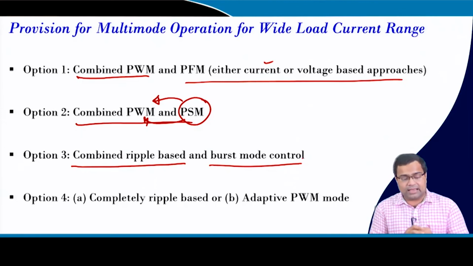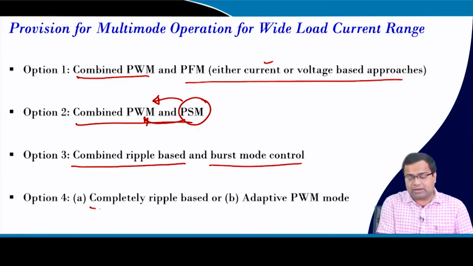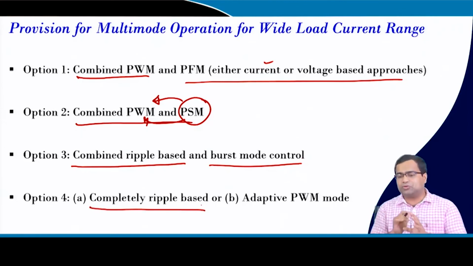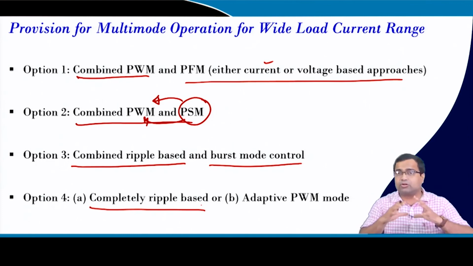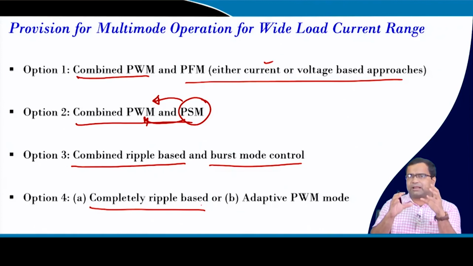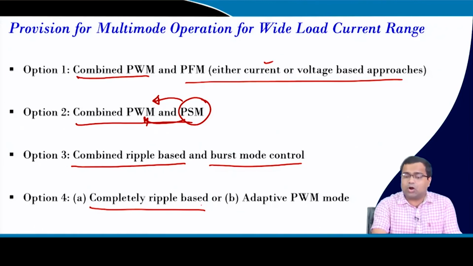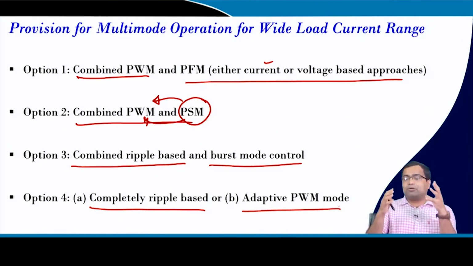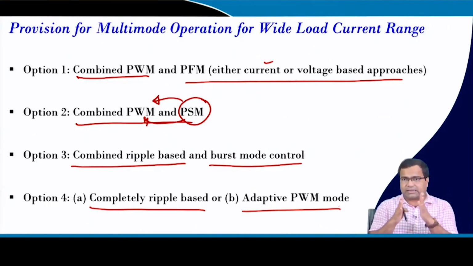And then option 4, either you can go for completely ripple based, that means constant on time throughout, or you can change between constant on time and off time, but it is totally ripple based, or you can go for adaptive PWM mode, that means you can adjust the time period of the pulse width modulator so that it behaves like a constant on time control.